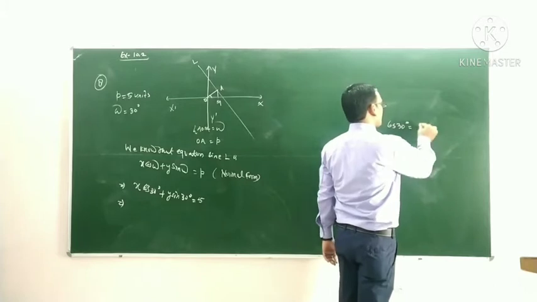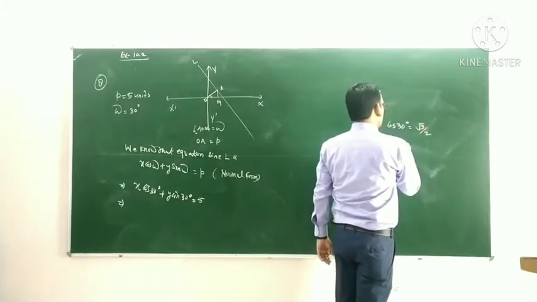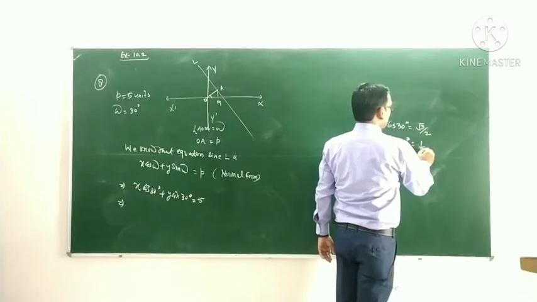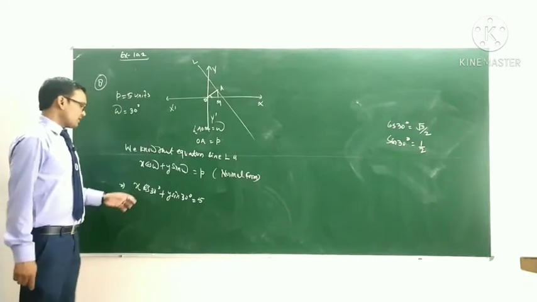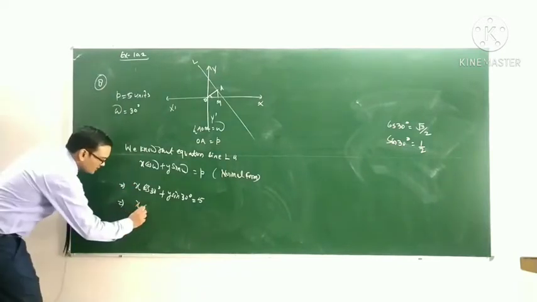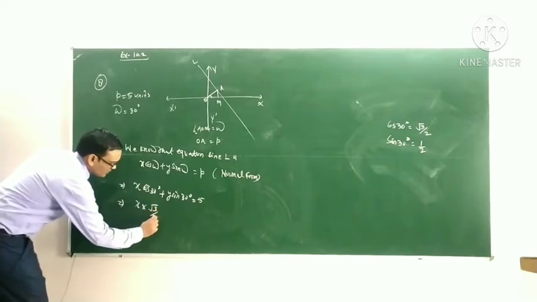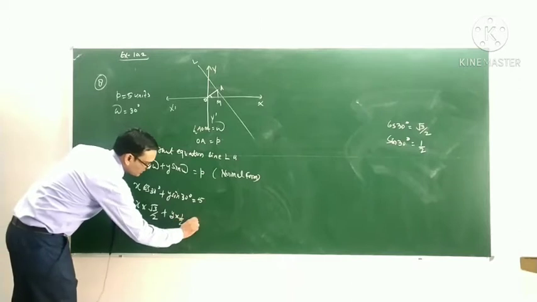The value of cos 30 is square root 3 by 2 and the value of sin 30 is 1 by 2. We put the values of cos 30 and sin 30. Okay students, x into square root 3 by 2 plus y into 1 by 2 is equal to 5.